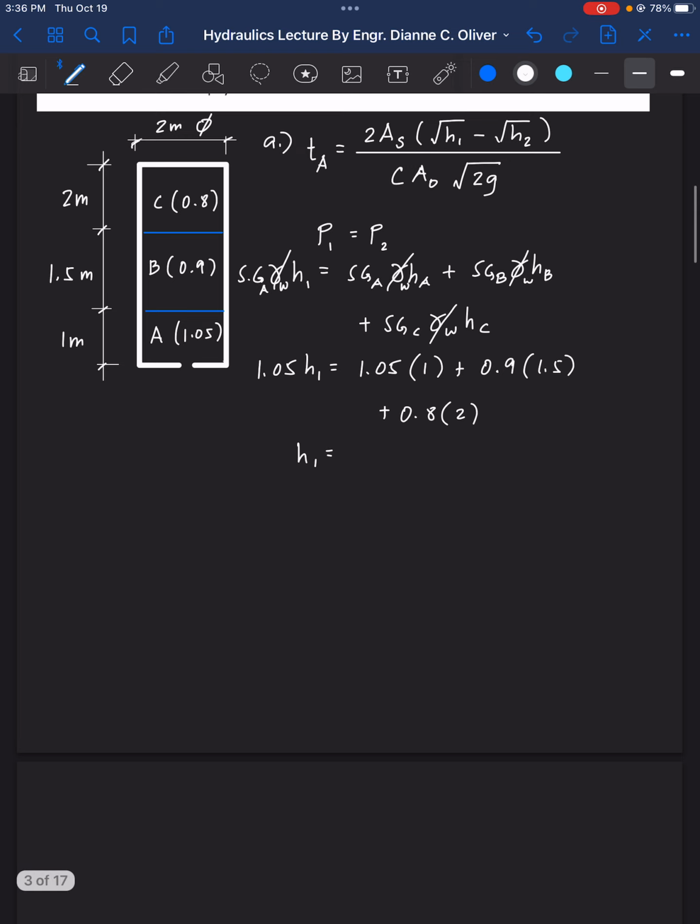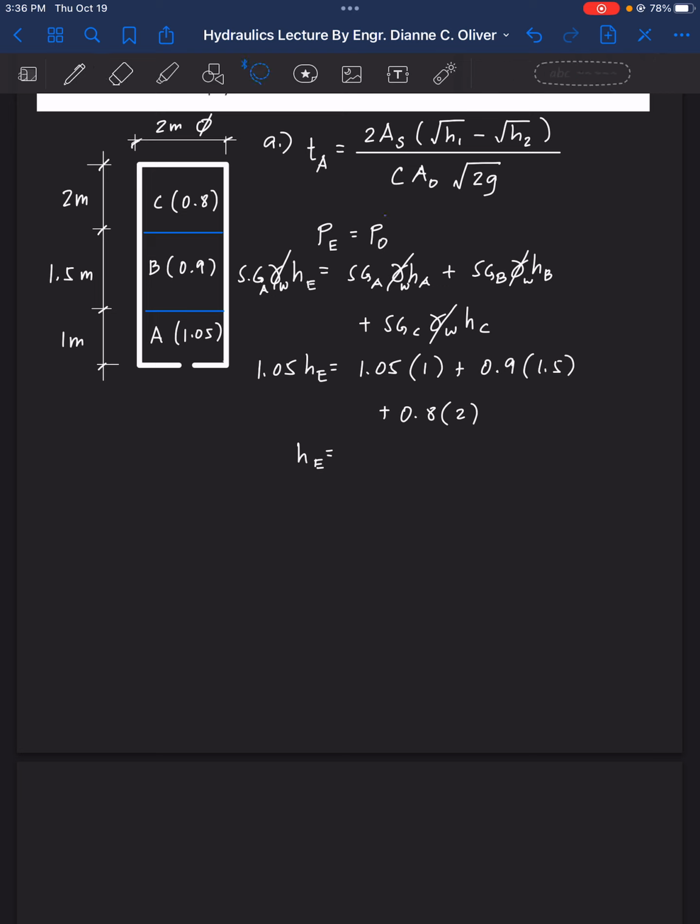Let's name P2 here as the original pressure.